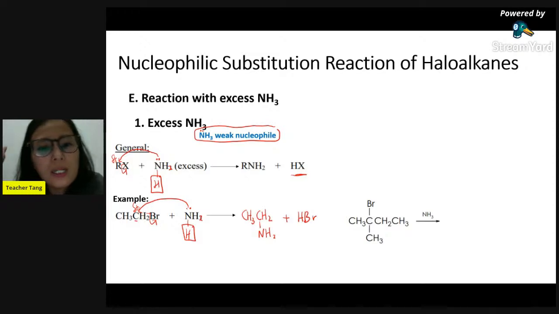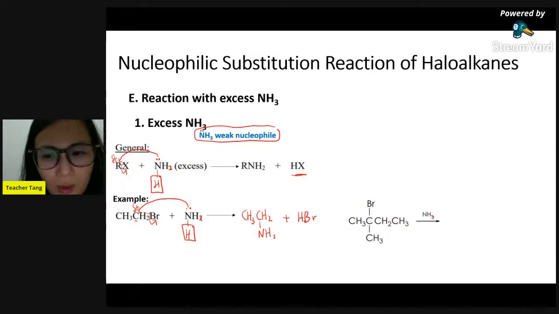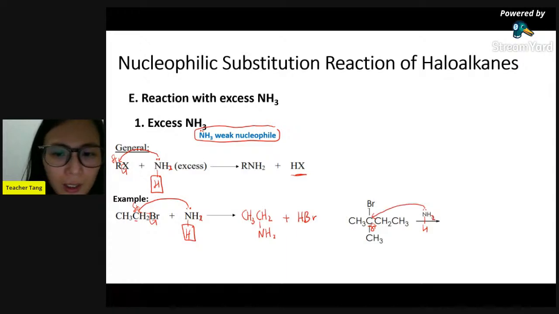Okay, so the next example, also the same thing. The carbon that is attached to Br is partially positive charge. Okay, so the nitrogen of ammonia is rich in electron. It uses the lone pair to attack the carbon, kicking out the Br.